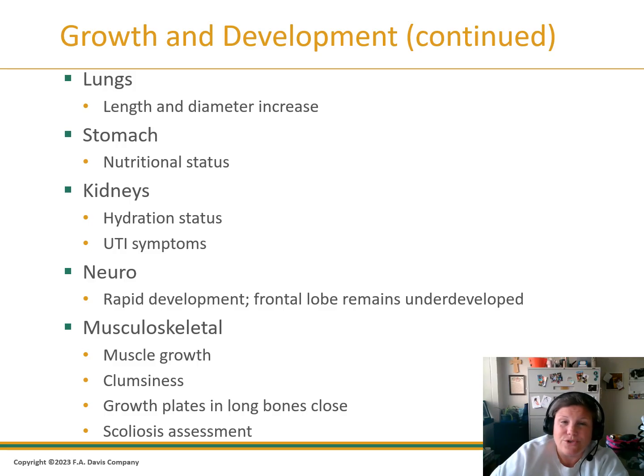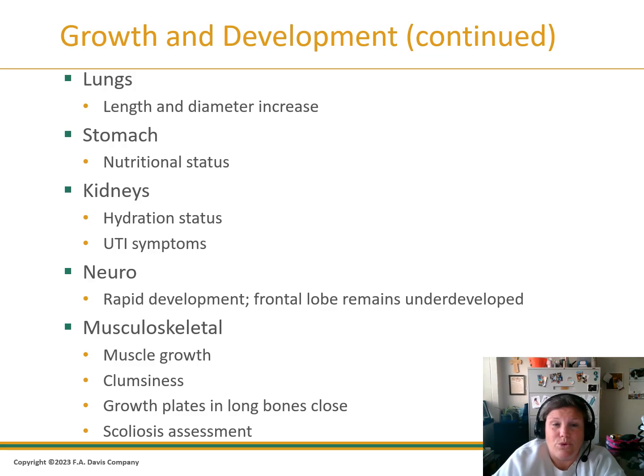With kidneys, UTI symptoms and the genitourinary system are things to be mindful of, especially if the child or the adolescent is sexually active. And so we may need to give some education on that as well. Just note in musculoskeletal that the growth plates in the long bones typically close by age 20, so at the conclusion of the adolescent phase.